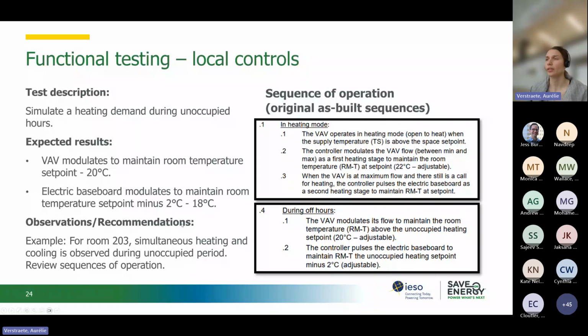One is observed in cooling mode and the other in heating. So the recommendation could be to review the sequences of operation and maybe merge the set point for the two VAV boxes to avoid that type of problem.